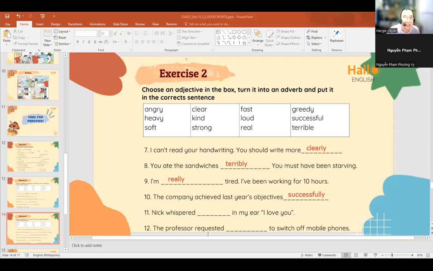If you are whispering, that means you are talking not too loud. So what is that? Softly. Okay, so Nick whispered softly in my ear, I love you. Okay. Next, number 12.